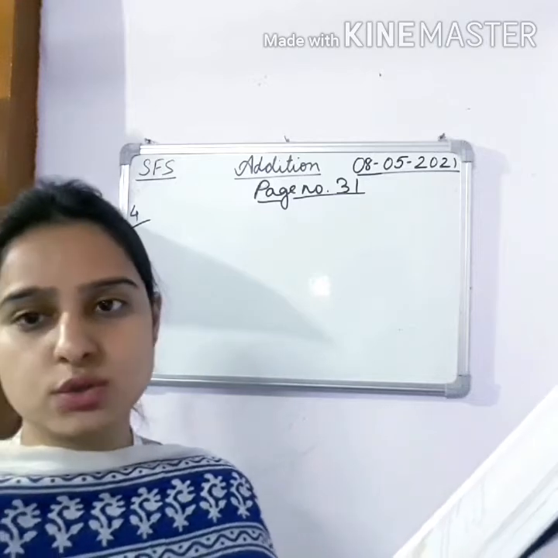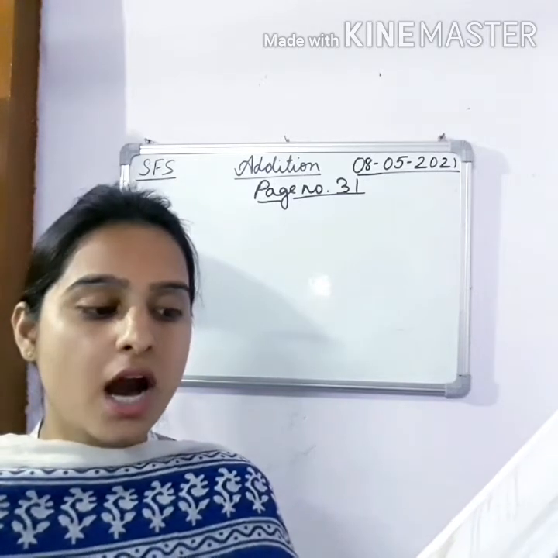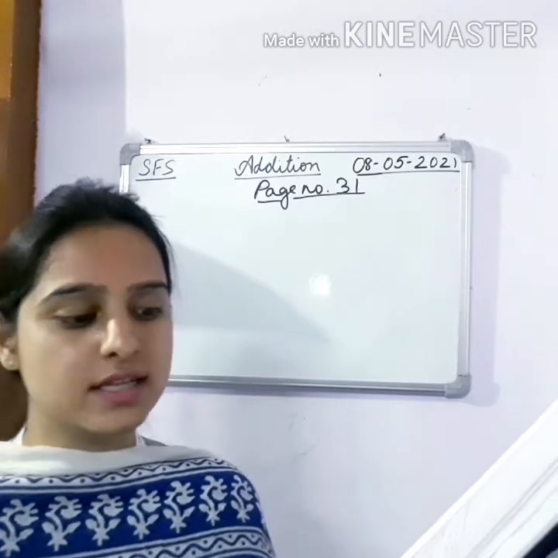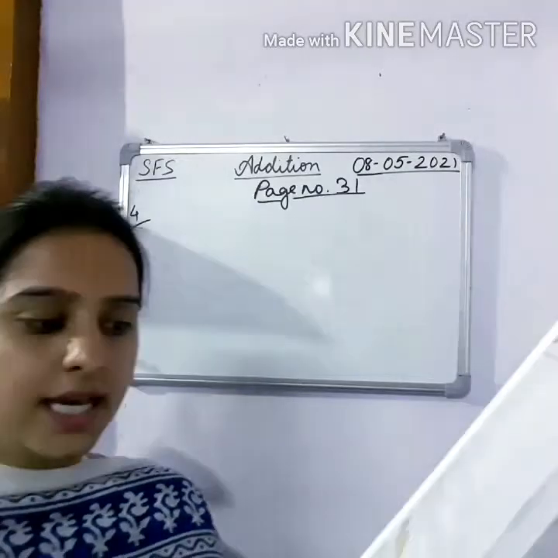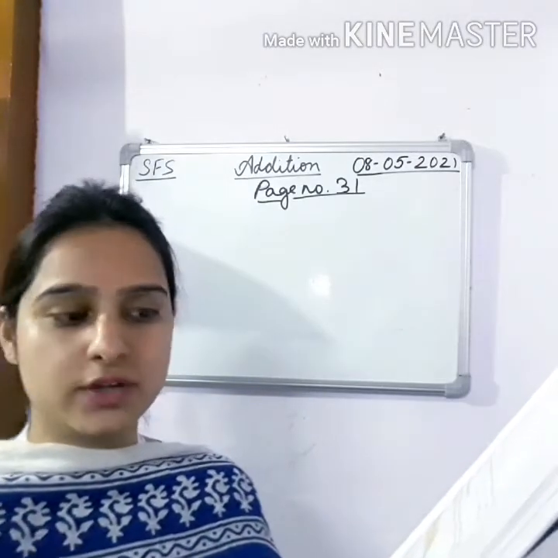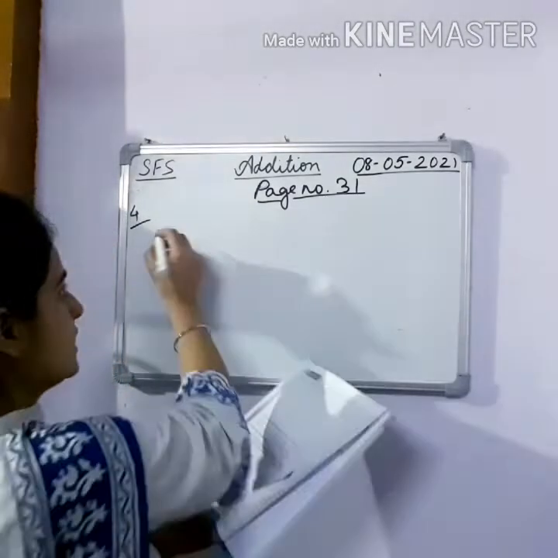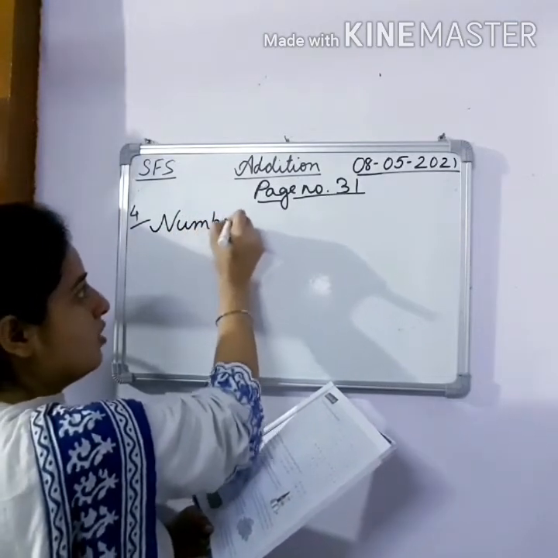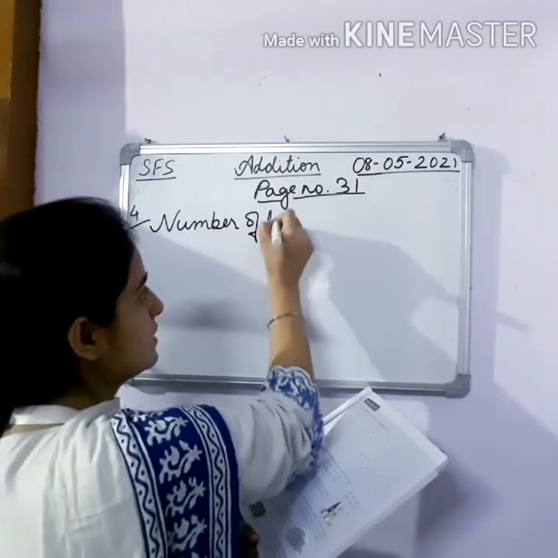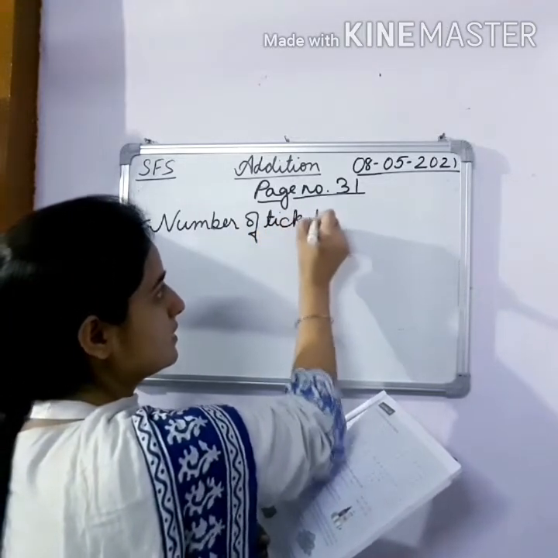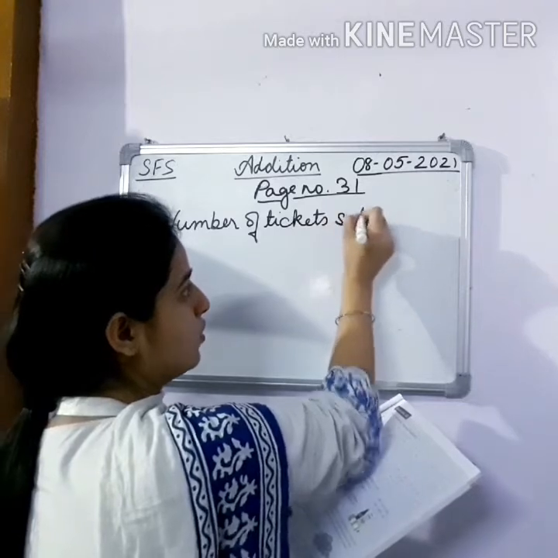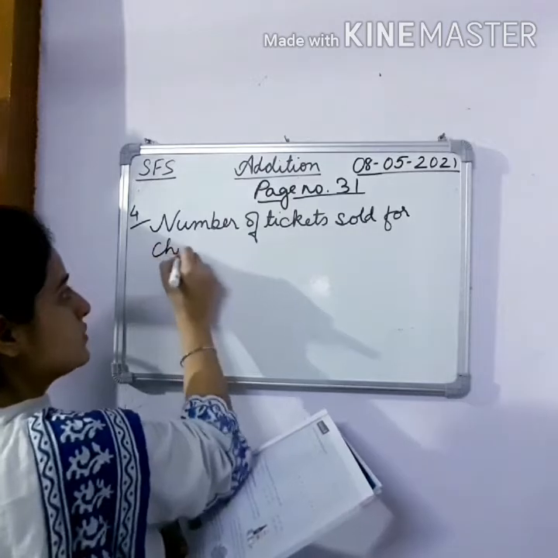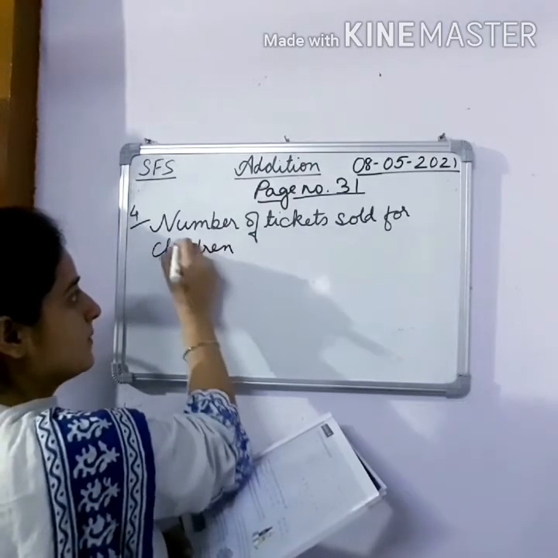Now let's see how to frame the sentence. How many tickets? When the word many is there, children, generally we start the sentence with number of tickets sold for children. So let's write, everyone. Number of tickets sold for children. So how many tickets were sold for children?